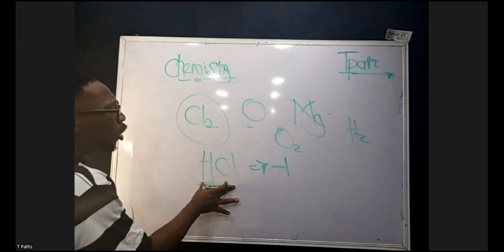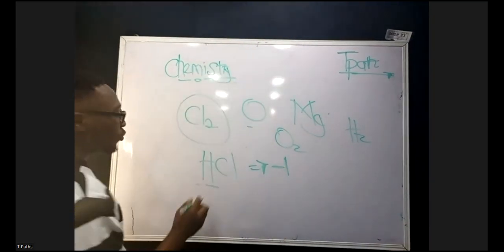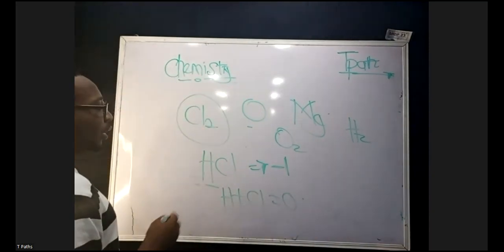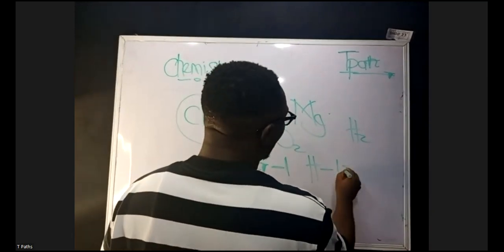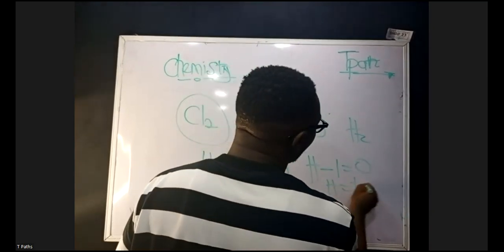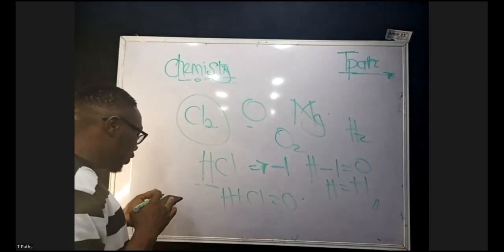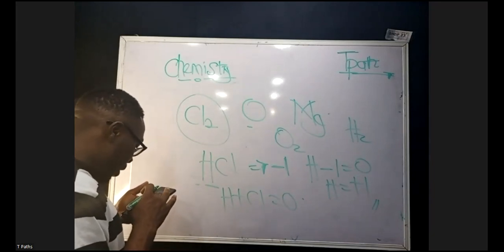The sum of the oxidation numbers of each corresponding element here must give us 0. So H plus Cl is equal to 0. Hydrogen is the unknown. Chlorine is -1, equal to 0. So H is equal to +1. That is the oxidation number of hydrogen in HCl. I believe that we are following.